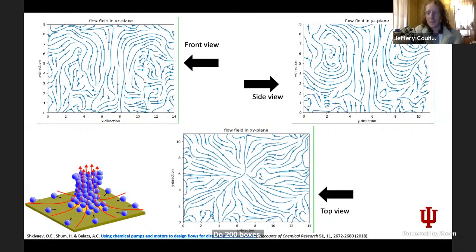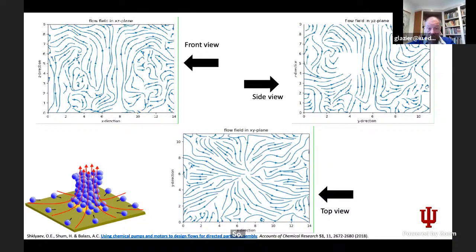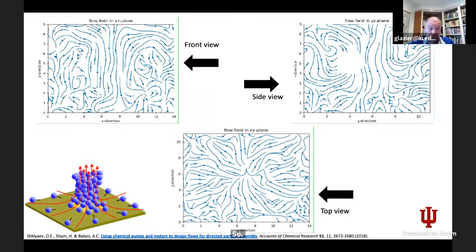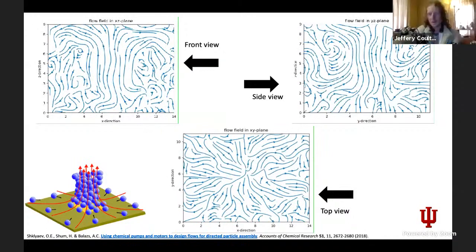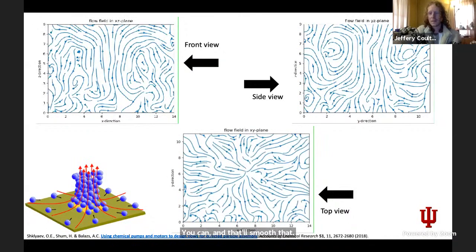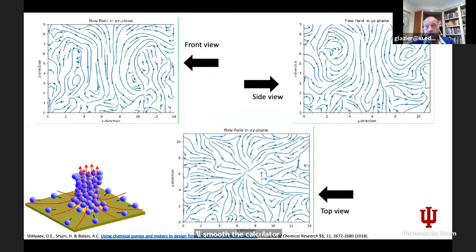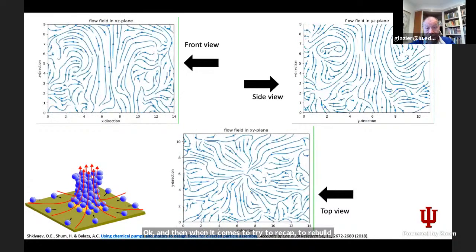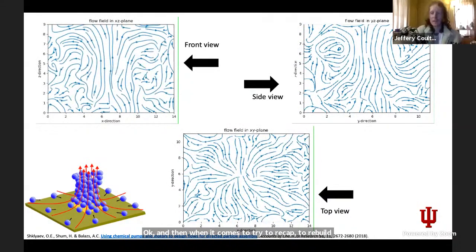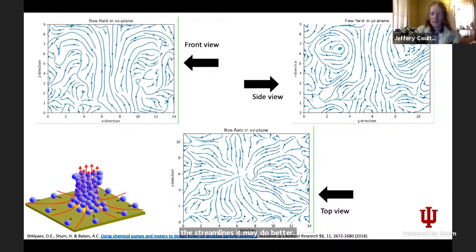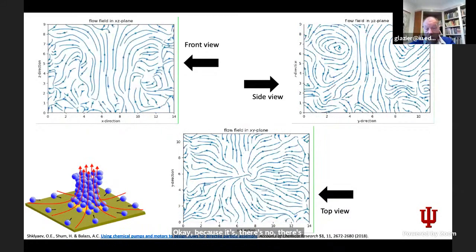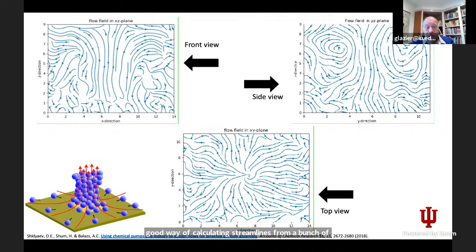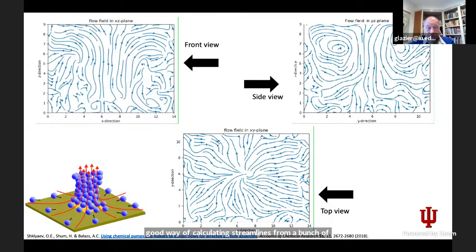Okay. So that the NumPy array that you're calculating the streamlines from is actually 10 times or 100 times the resolution. Okay. And that'll smooth the calculation. And then when it comes to rebuilding the streamlines, it may do better. Because there's no universally good way of calculating streamlines from a bunch of vectors. Mm-hmm. And so there's always a bit of a game to play with that.